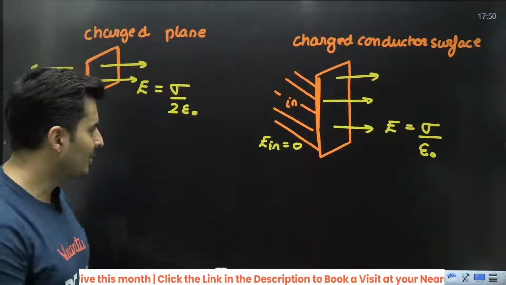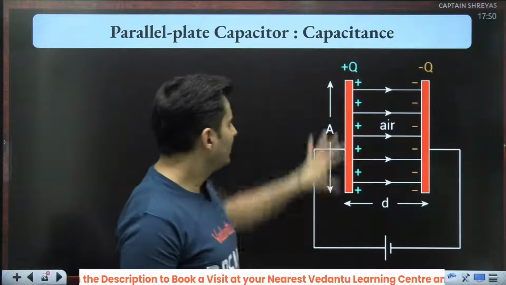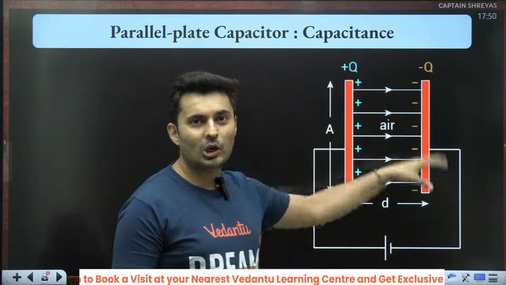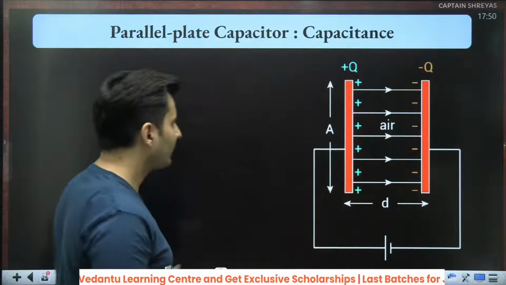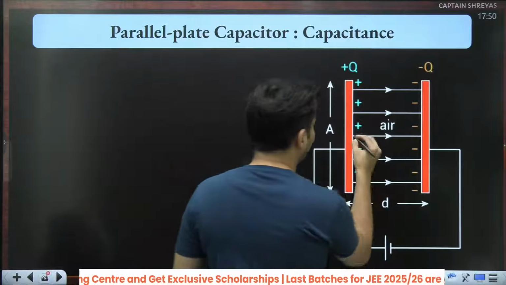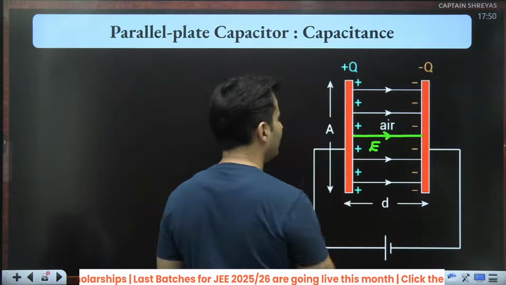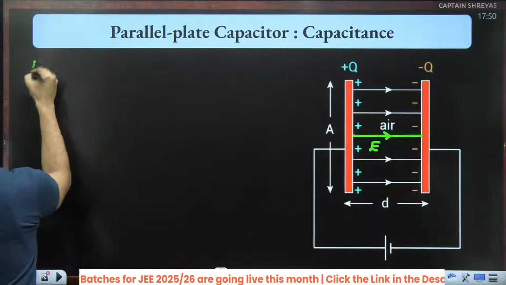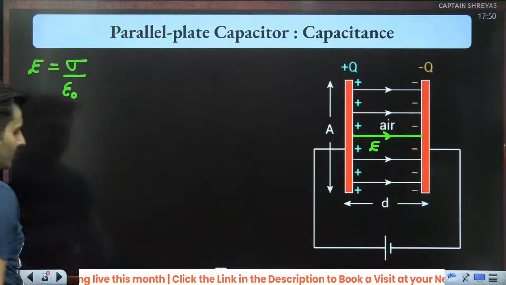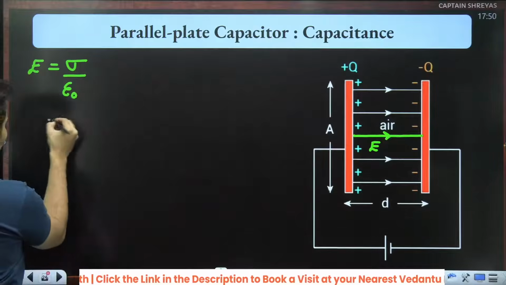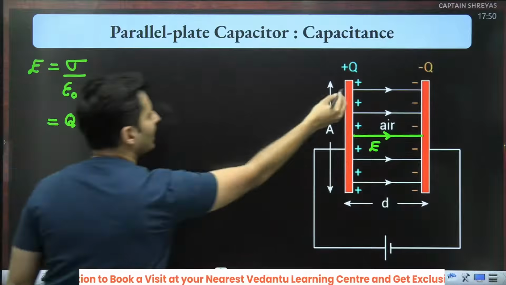It's a natural thing. Now, when I look over here, these are also conductors. So this is the surface of a conductor. So directly, I can say that the electric field which is there between the plates is nothing but sigma by epsilon naught, where that sigma is the surface charge density, which is nothing but the charge which is there on any one of the plates.